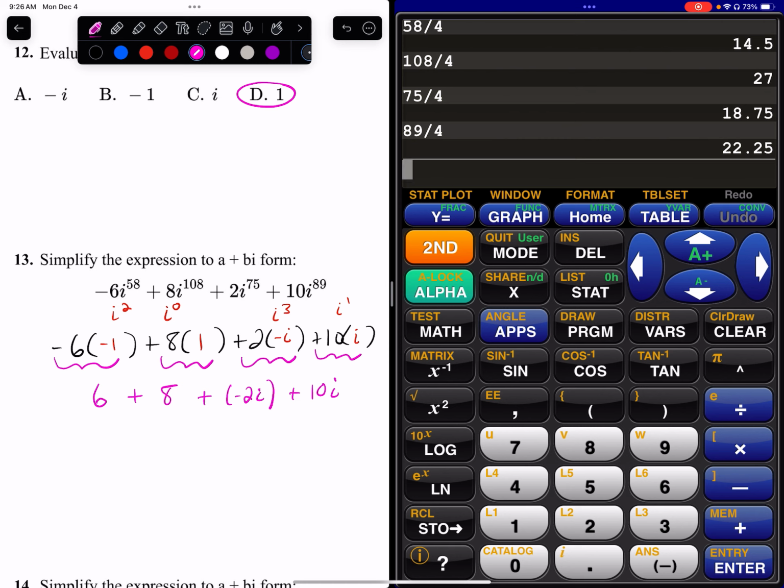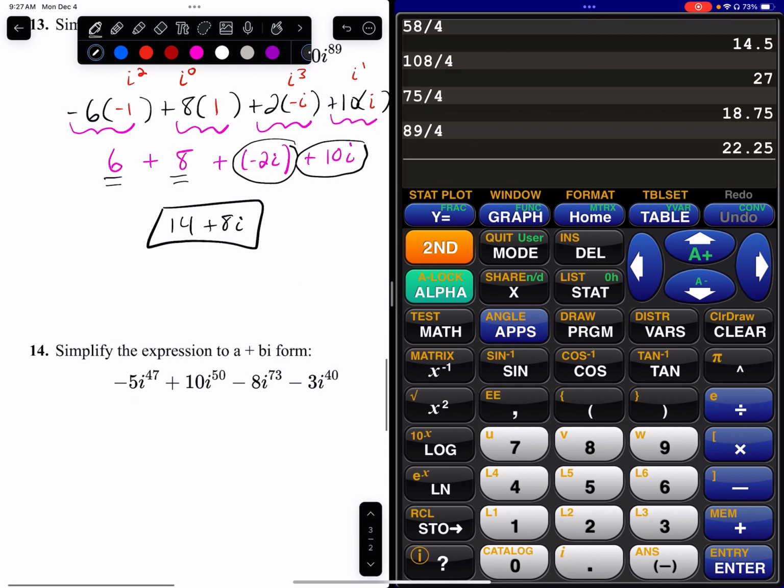So you can see here, we're going to combine like terms. 6 plus 8 is 14. And then -2i plus 10i gives us plus 8i. Okay, so we broke it down step by step. Use your charts, use your calculator. Okay, on to the last one.